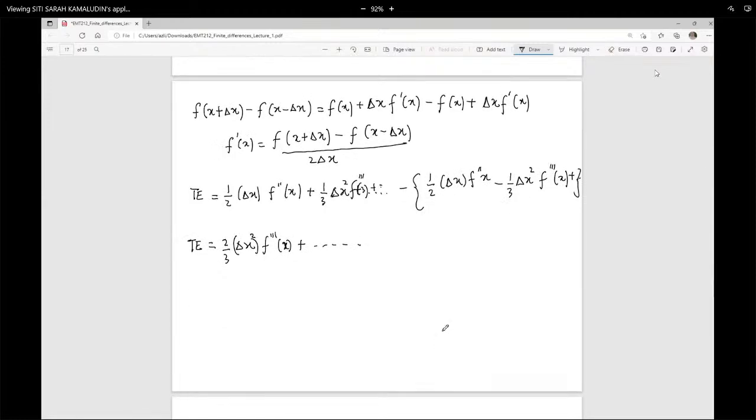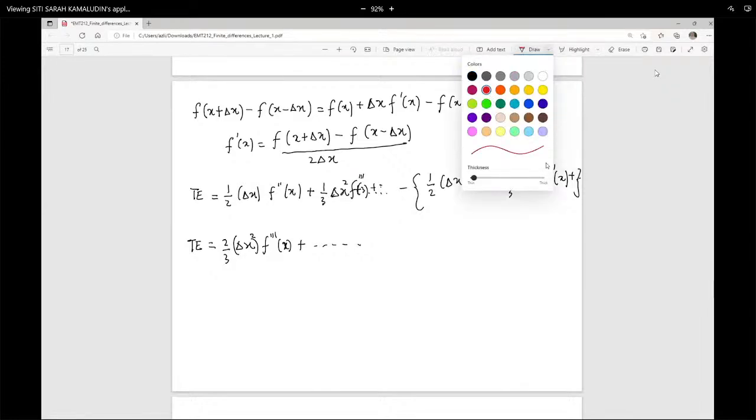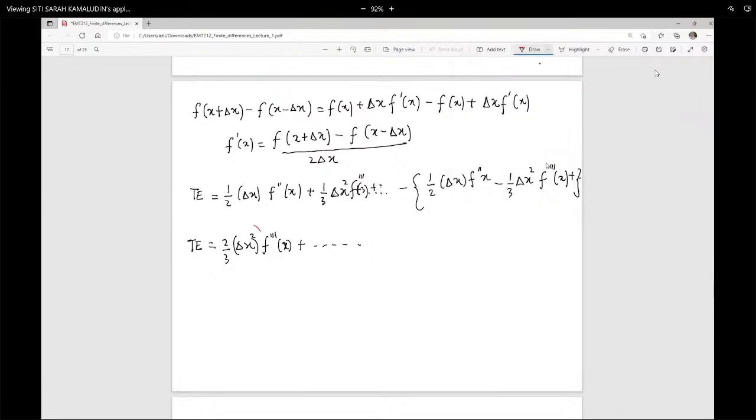For central difference, the TE is of order delta x squared.